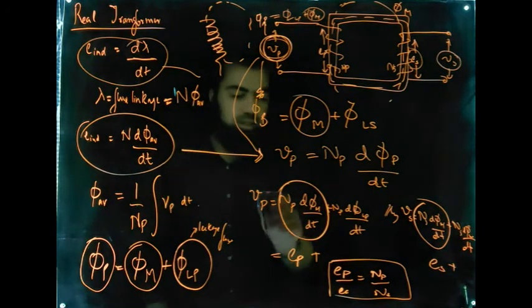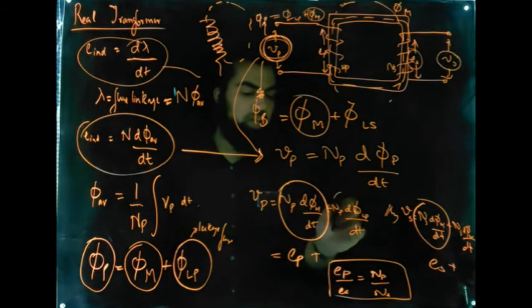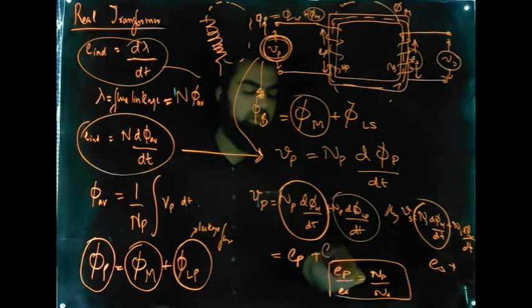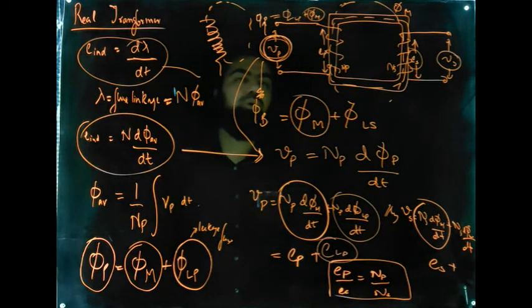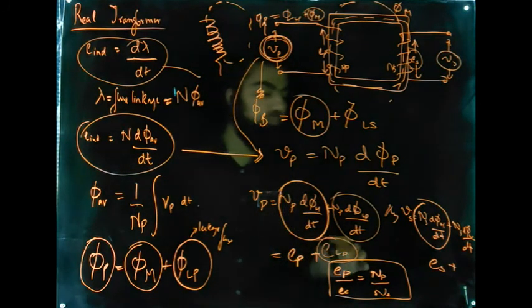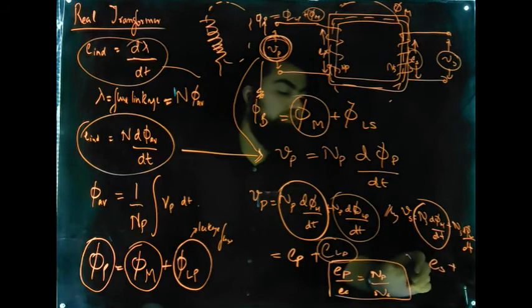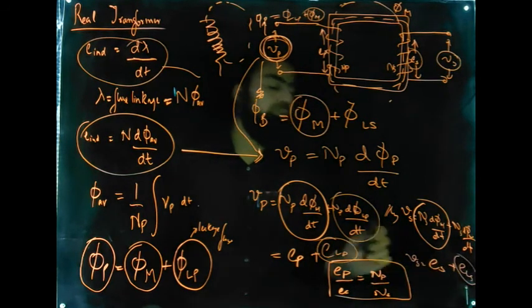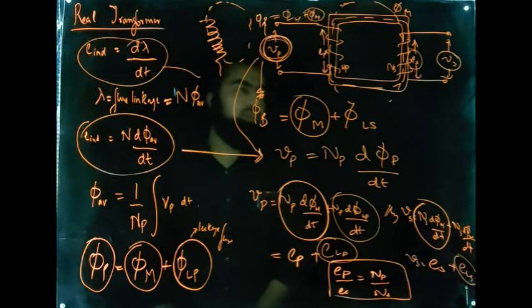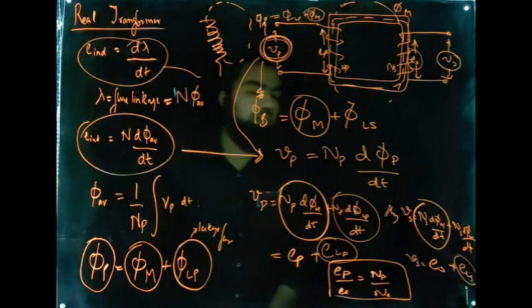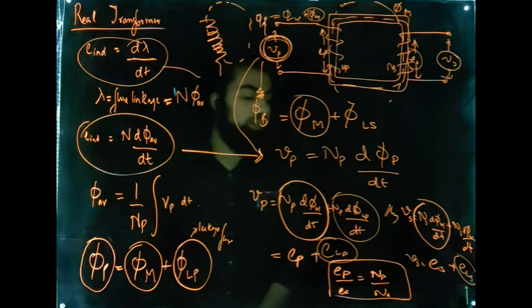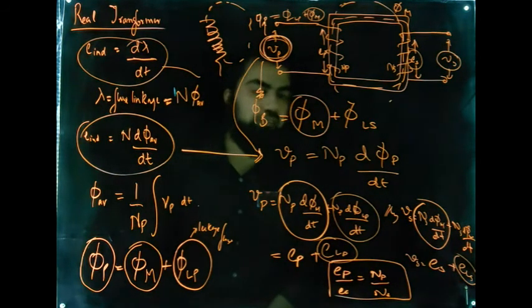So Vp is equal to Ep plus Np d phi L by dt, this will be the drop in voltage because of the leakage flux component, and Vs will be equal to Es plus Els. This will be the drop in voltage because of the leakage flux associated with the secondary winding.